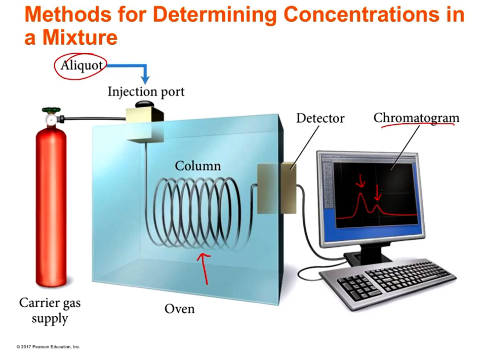And then we can determine the concentration of each component. And then we can determine over time how that concentration is changing, and that will give us our rate of reaction. So there are a lot of different ways that we can determine the rate of a reaction or measure it using different devices.